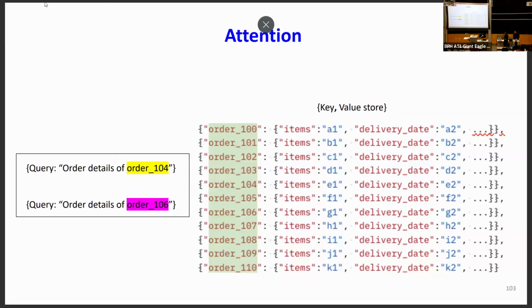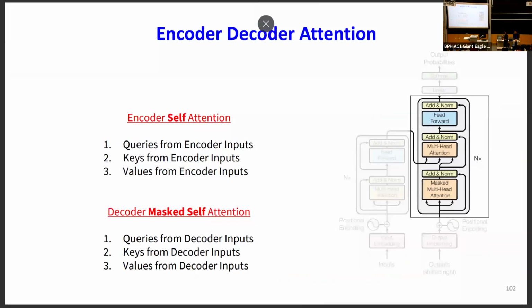At this point of decoding, the queries are formed inside the decoder, because the decoder is the one looking for information. The decoder wants to know what to produce next. And the keys and values come from the final generated attention output across all the encoders, which has all the information the decoder is looking for.